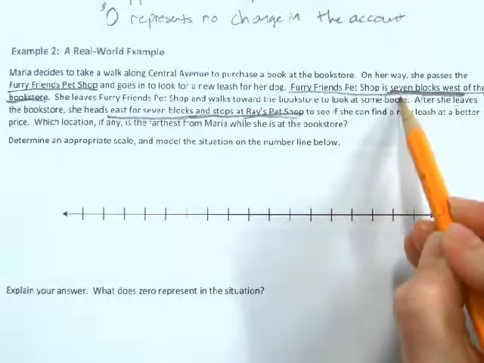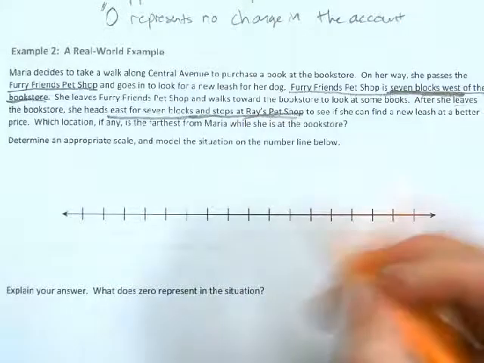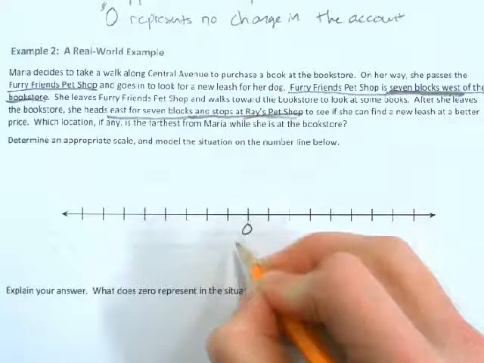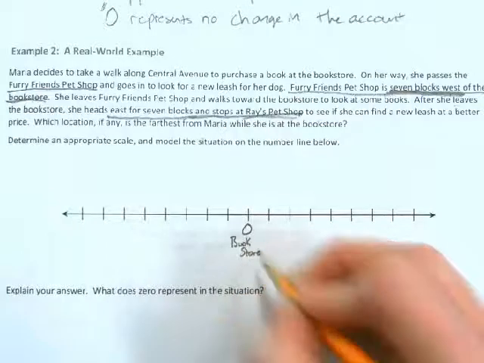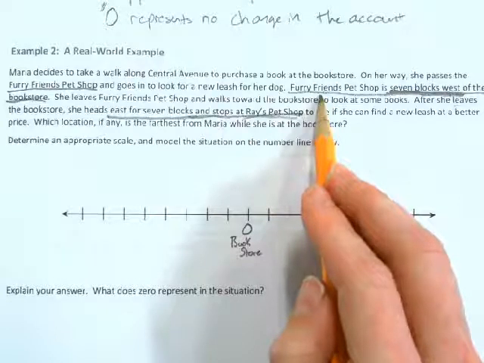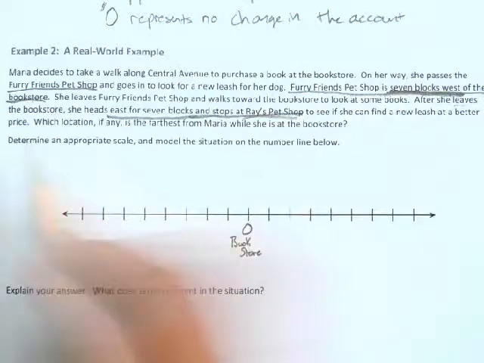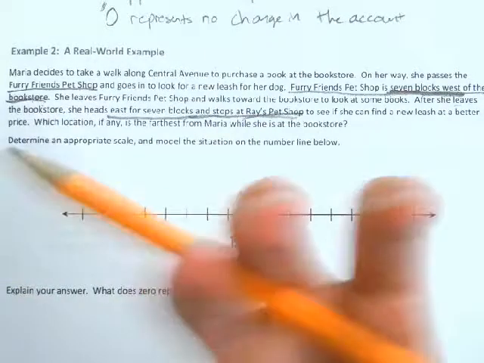That means that they want us to use the bookstore as our starting point, which would be our 0. Now, I'm going to go ahead and just go for the middle here. I'm going to say 0, and this is going to be the bookstore. And again, the only reason bookstore is 0 instead of the Furry Friends is because when they told me the distance from Furry Friends, they said it was 7 blocks west of the bookstore. So they were talking about starting at that bookstore and where you would go.